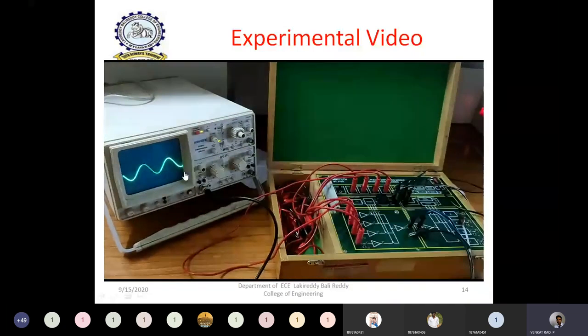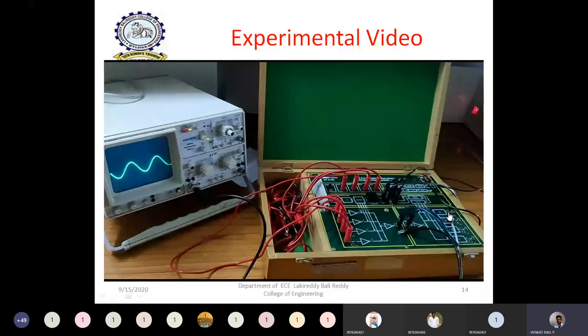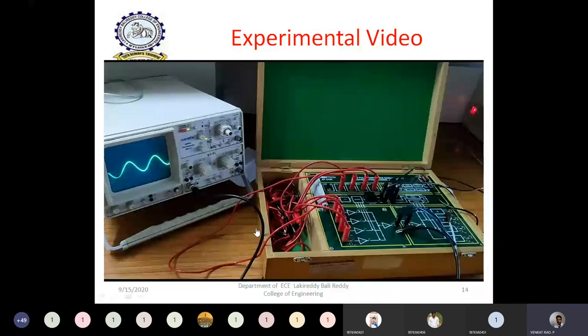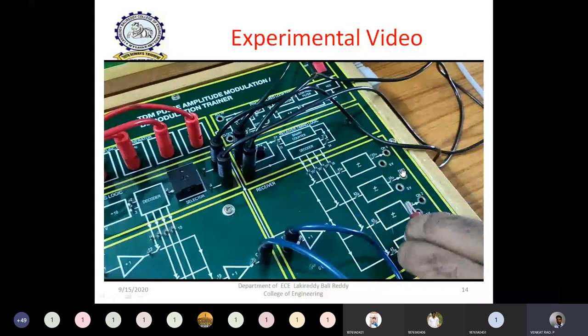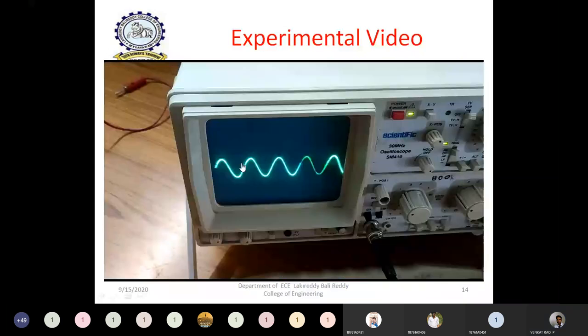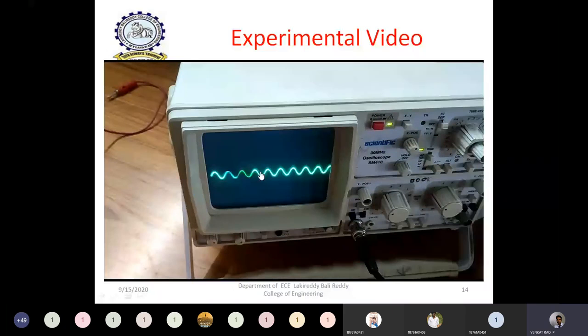That will be a sine wave. Similarly, if you observe the demultiplexer waveform at the corresponding 3 other pins, you can easily observe the demultiplexer waveforms for the other signals also. For example, if I change this pin to another position, this is the demultiplexer waveform of the second signal. Similarly, this is the demultiplexer waveform for the third signal, and this is the demultiplexer waveform for the fourth signal.